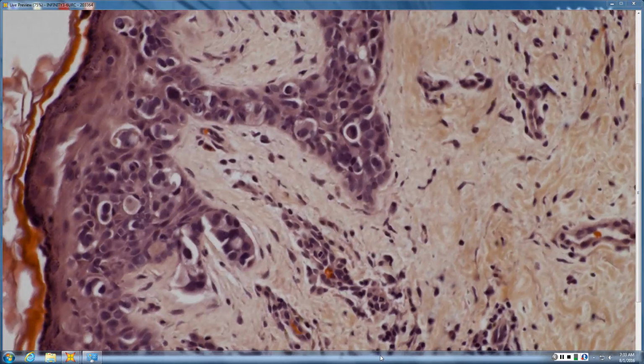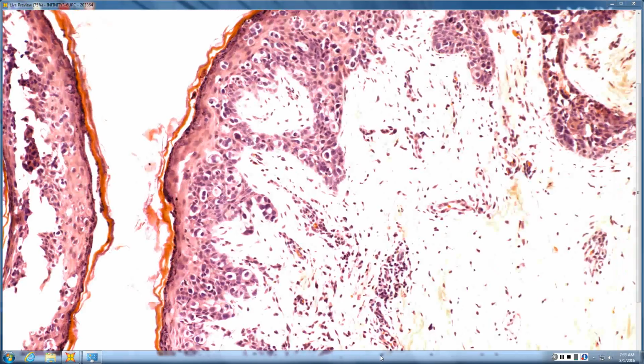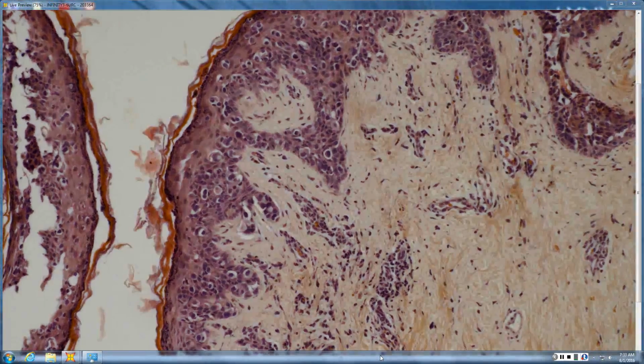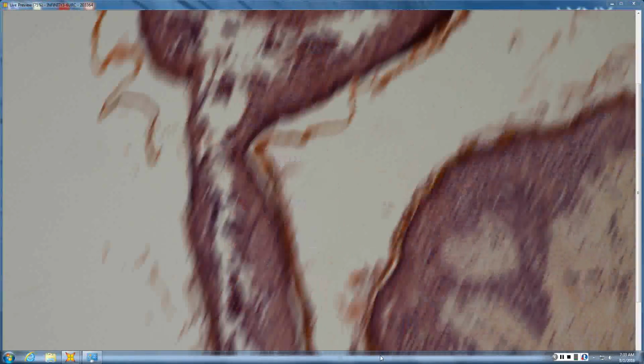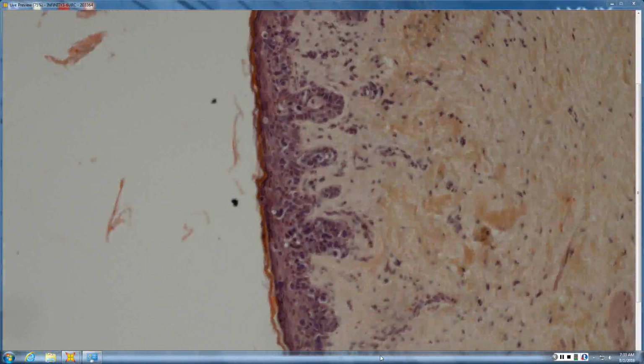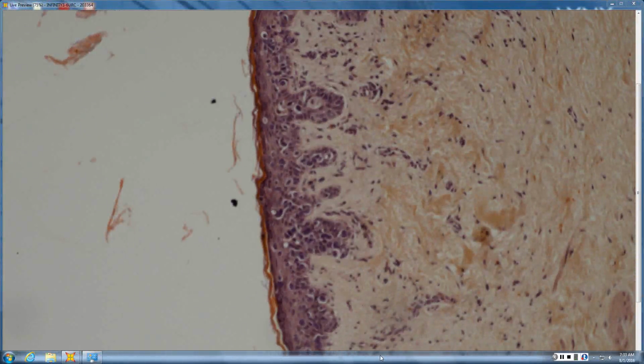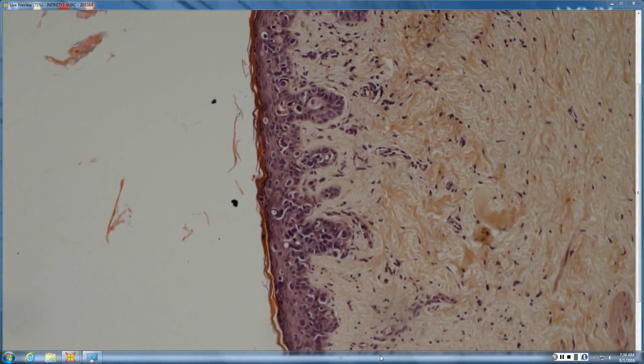So what do you want to order? So I guess I would order like a SOX10. So SOX10 would be great for melanoma. CEA would be great. And that would probably be adequate. Okay.